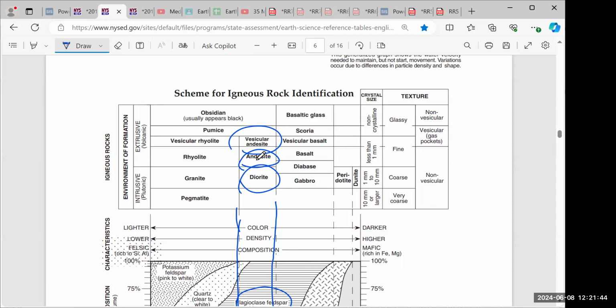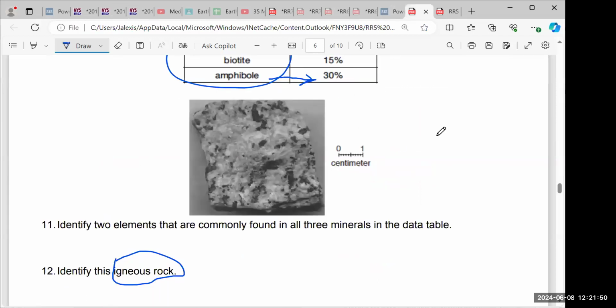Now, it has to be one of these answers, so how do I simplify to get the right one? When I'm looking at these diagrams, you see these black things right here, and even these gray pieces. These are all mineral crystals. And they gave us this scale, because some of these mineral crystals are 1 centimeter long.